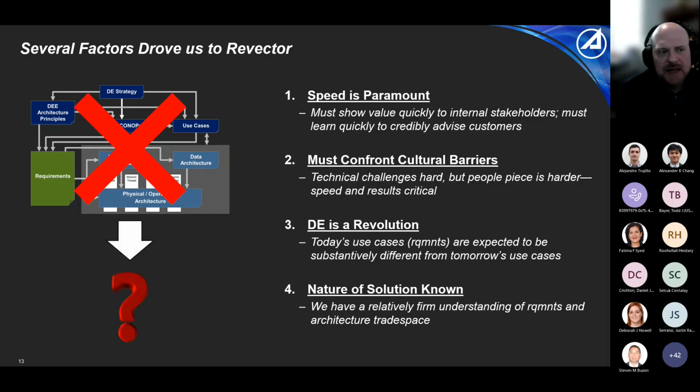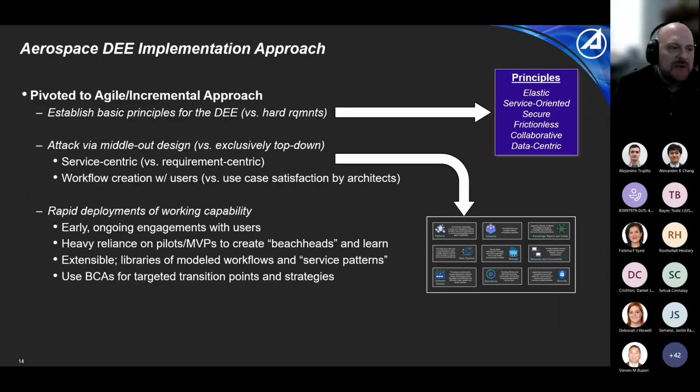And the question is, what did we do? Well, we pivoted to what I would call a much more agile and incremental approach to the development of the architecture. And so we established these basic principles for the ecosystem versus hard requirements, things you see there like elastic, service oriented. And then we attack this more from a middle out perspective instead of just top down.